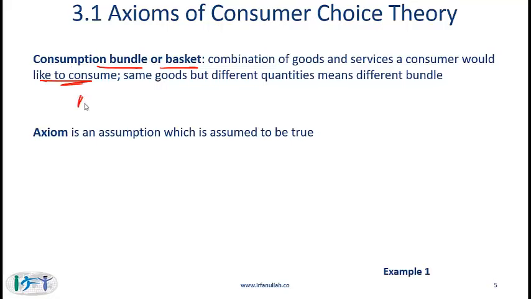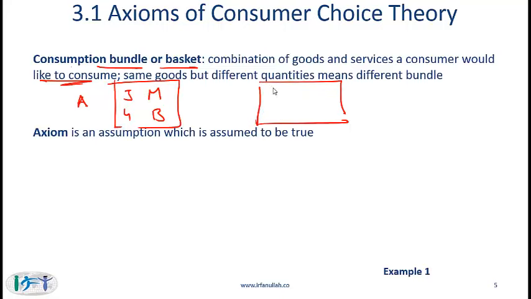So if you have bundle A with 3 ounces of milk and 4 slices of bread, this is a different bundle relative to another bundle which has 4 ounces of milk and 5 slices of bread. Keep this in mind, because if you are confused about this fact, then the rest of this material will not make sense. So remember, same items but different quantities means different bundle.